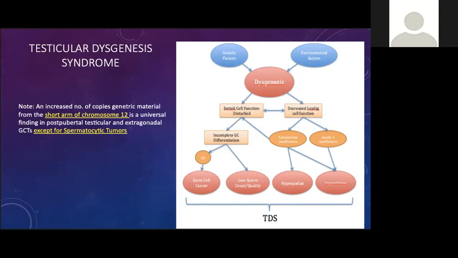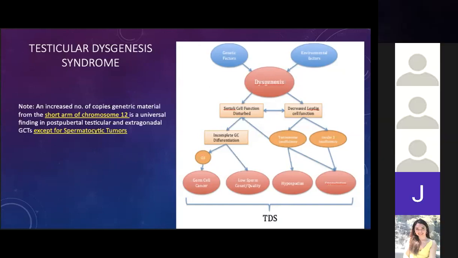And this leads to both impaired germ cell development and hormonal changes during male sexual differentiation. So, for example, an insufficient production of testosterone can result in incomplete masculinization, which results in hypospadias, and reduced expression of insulin-like factor 3 can lead to incomplete testis descent.